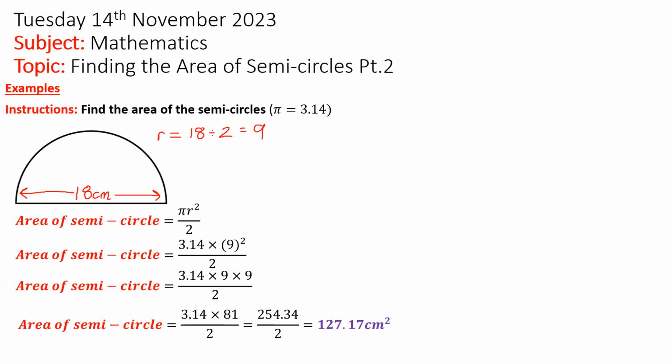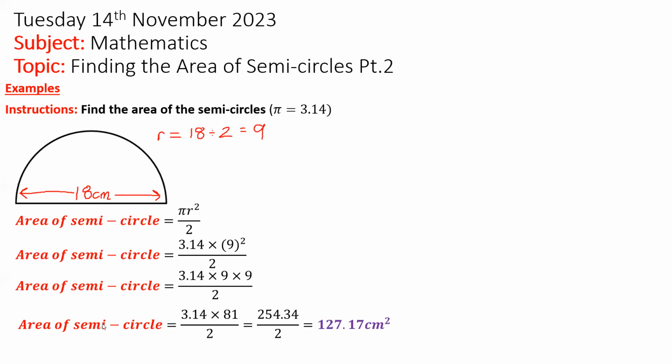I set it up like this: how you get the 3.14 times 9 times 9, but I divided by 2. I used the 8 one like how you set it up before and put it at the bottom.